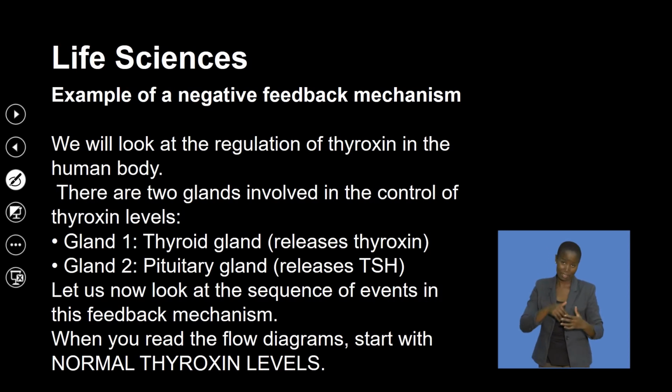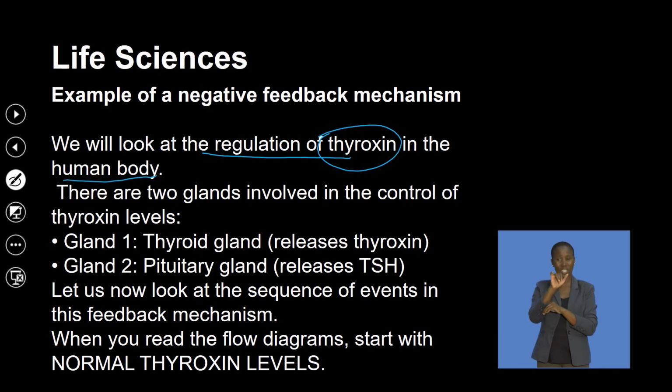Okay, so other examples of negative feedback mechanisms would be the regulation of thyroxine. Thyroxine is a hormone produced by the thyroid gland. There are two glands that are responsible for thyroxine and maintaining metabolism. The thyroid gland releases thyroxine, but it needs a stimulus.